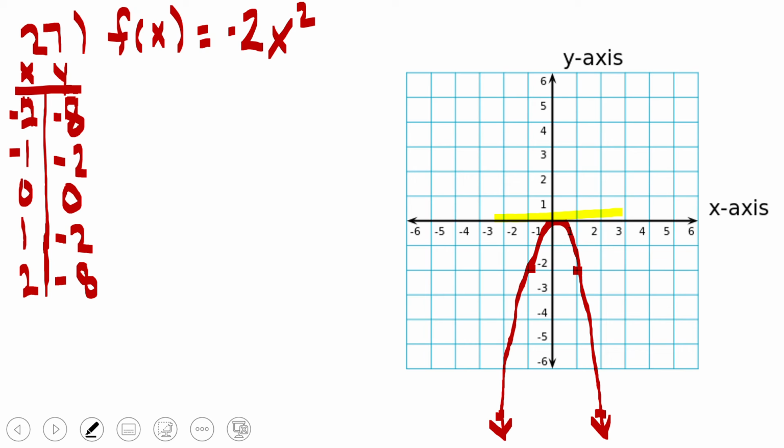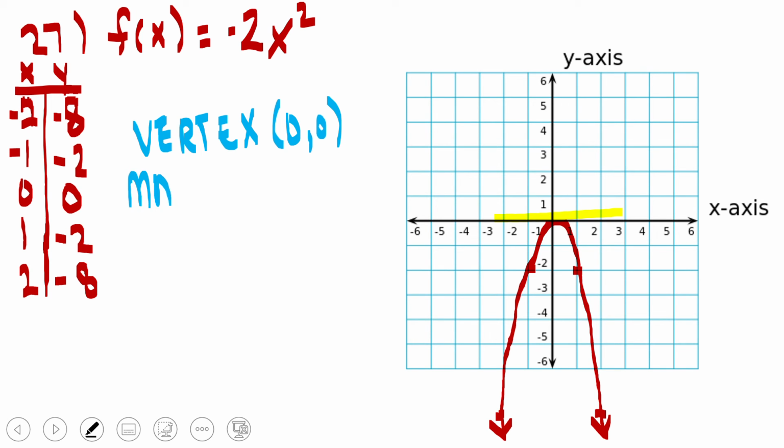So it's the maximum value of the parabola we are graphing right now. So our vertex is at 0, 0, and it is also our maximum value.